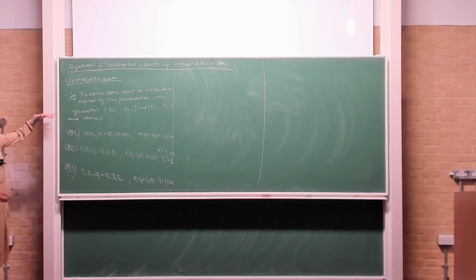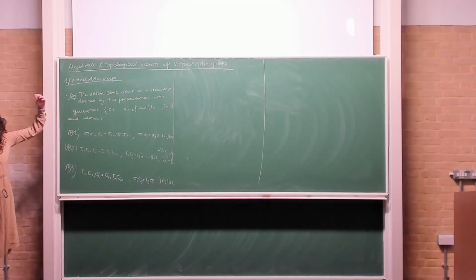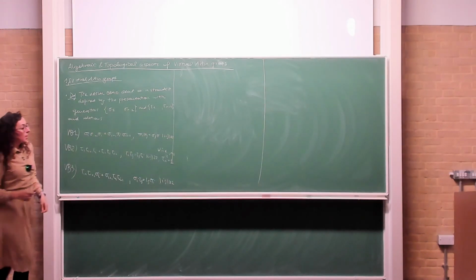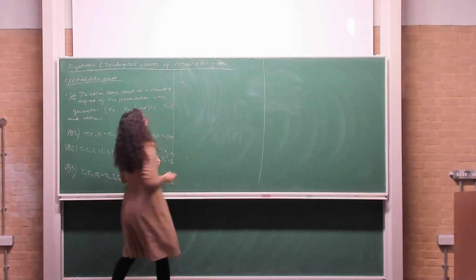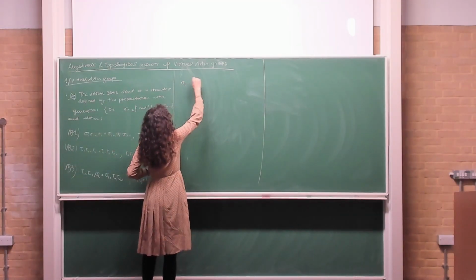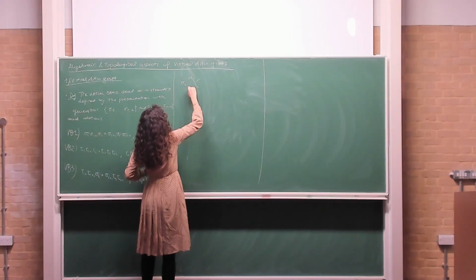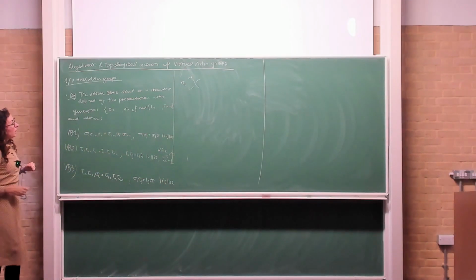Okay, so this is the virtual braid group on n strands. I gave you a definition with a presentation, so with generators and relations. As we do for classical braids, we could define this group by braid diagrams and equivalence relations on the diagrams. Just to give you an intuition of how it works, the generator sigma i is the classical generator in which I have the strand i plus 1 passing over the strand i in a classical crossing.